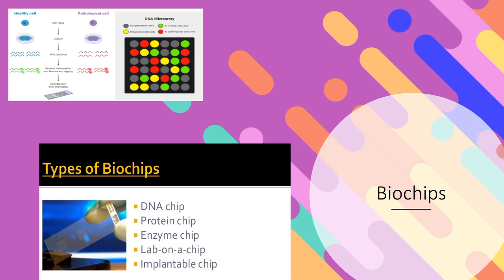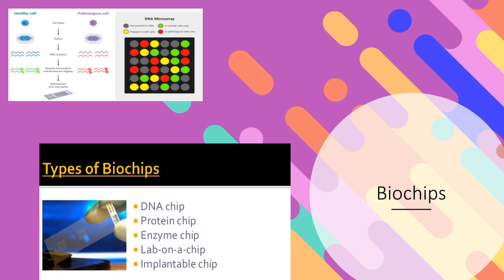So for the signaling, we add fluorescent molecules that are very specific to each cell. The red color fluorescent molecules will bind only to the pathological cell. Yellow color will bind to both the cells, pathological and healthy. And the green color will bind only to the normal cells.